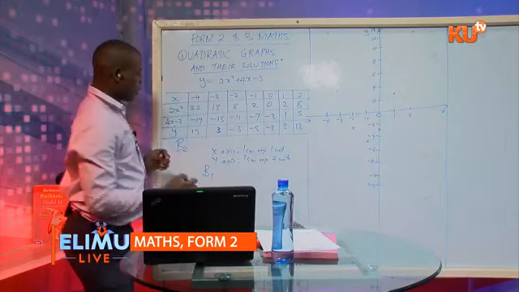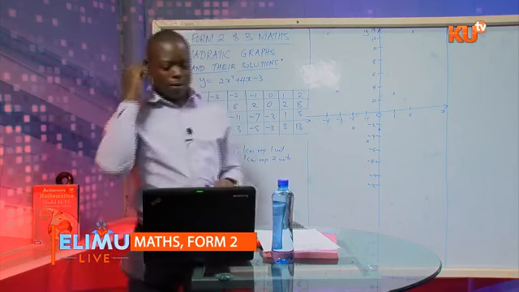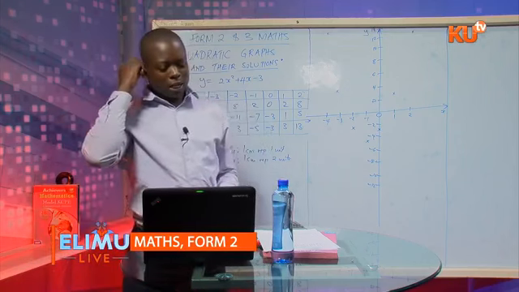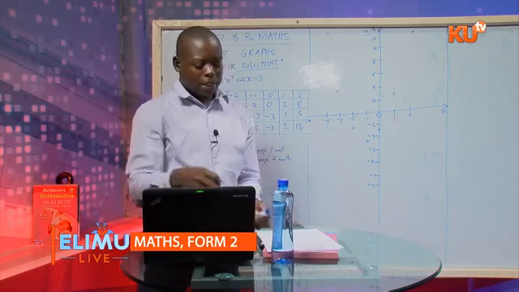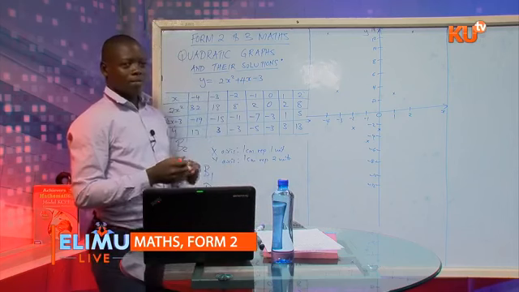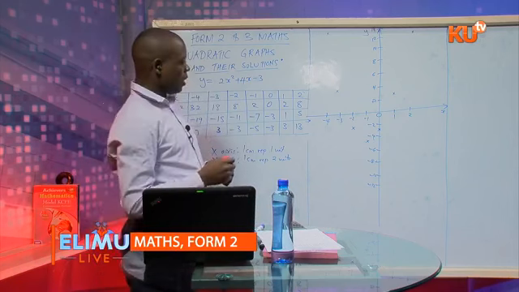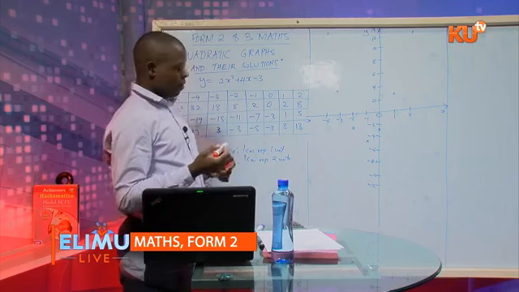By doing that, you will score what you call the P mark. So you get the P1 mark for plotting the values correctly. And so the mark for C is to draw a smooth curve. And I am hoping that my students are with me. So draw a smooth curve.